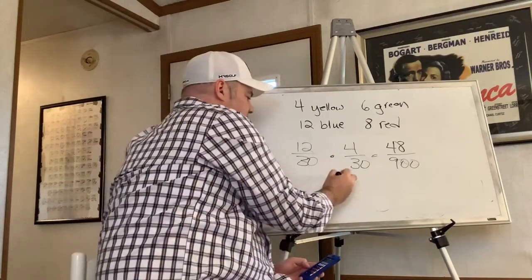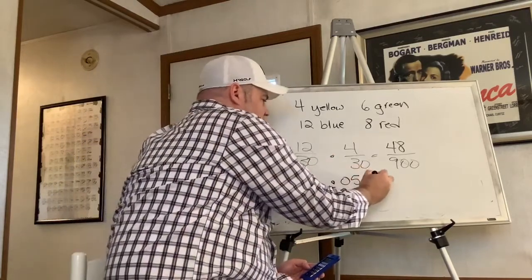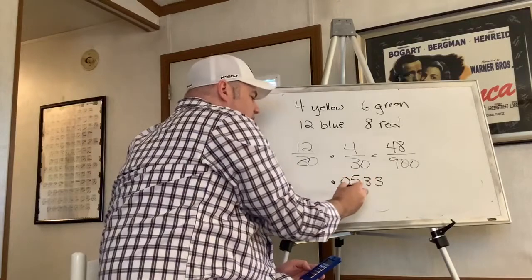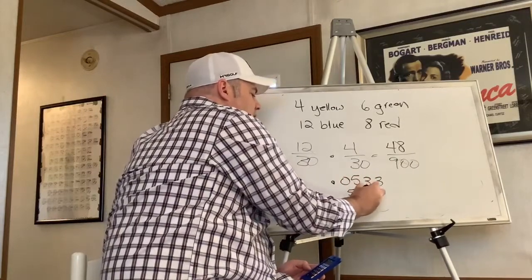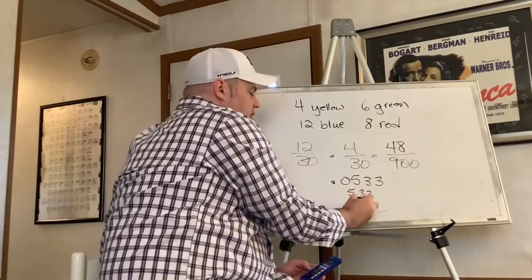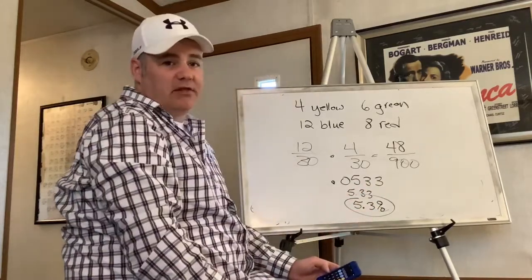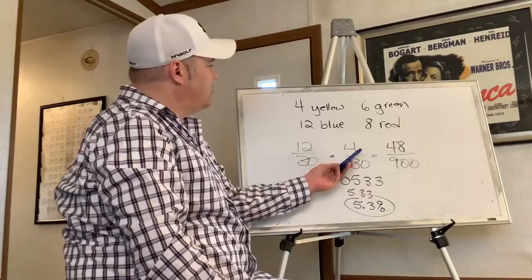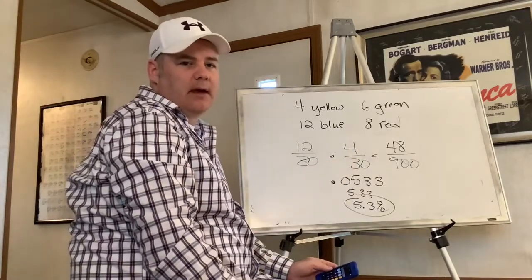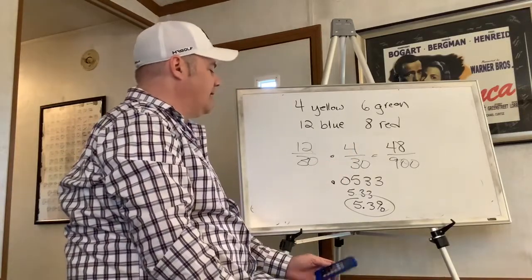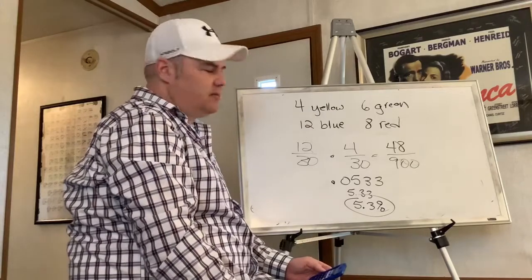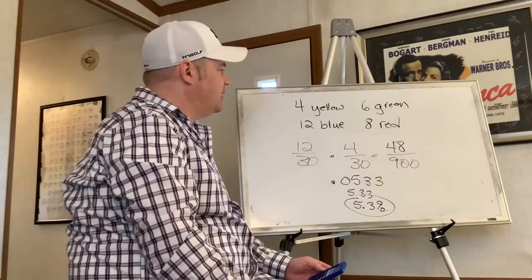And this one comes out to 0.053333 and keeps repeating. Move it twice, and then round to the nearest tenth, 5.3%. Okay, so 5.3, less than the other one, because there's way less yellow ones in the bag. Okay, not way less, but just a few. So that makes it less than the 8% one we just did.